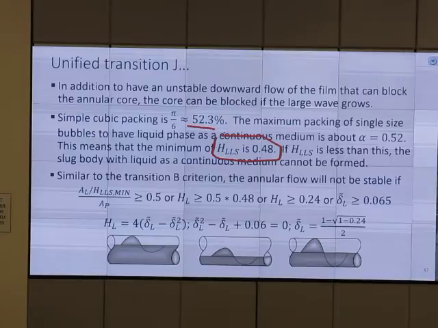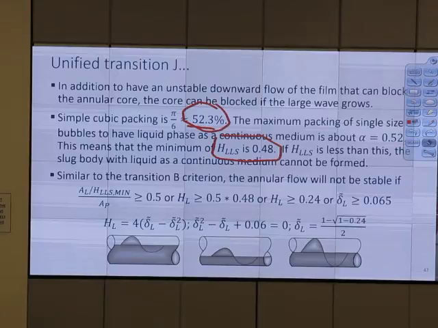Let's think about the slug body. How much should the void fraction be in the slug body? The void fraction should be at most 52%. It should not be more than that. So if you want to do a quick estimation for the liquid holdup in the slug body, you don't want to assume a value less than 0.48.